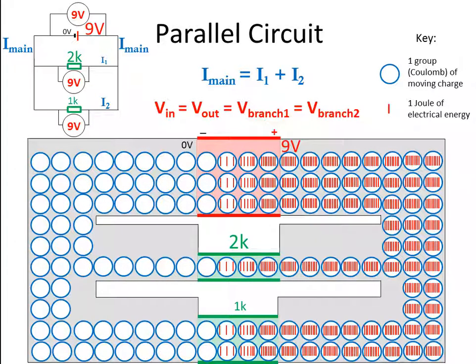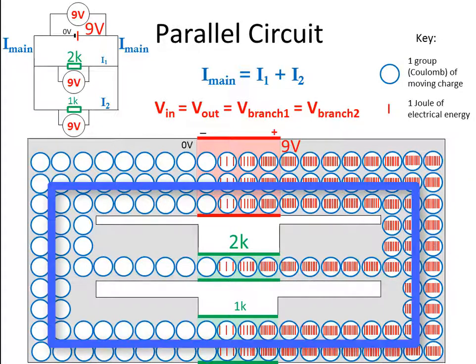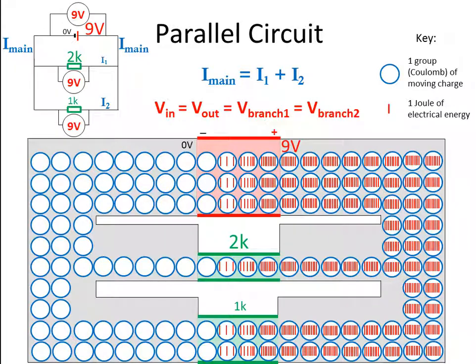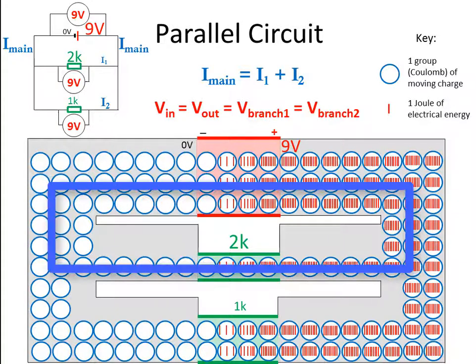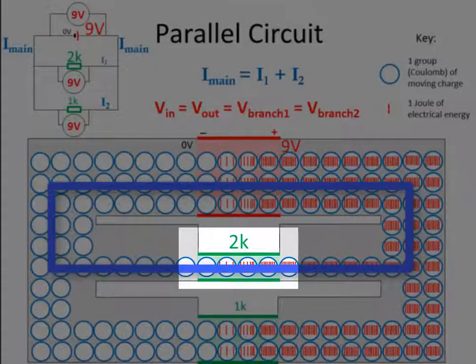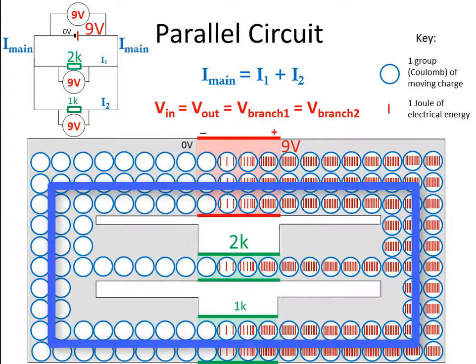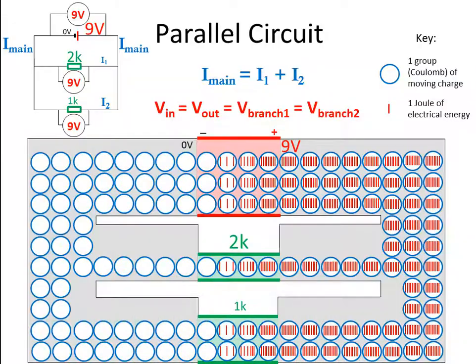A single charge can't do both at the same time. They have to choose this way or that way. And whichever one they choose, there is only one resistor in that path. If they choose this path, it's a 2K resistor. If they choose that path, it's a 1K resistor. Each coulomb will go through only one resistor.